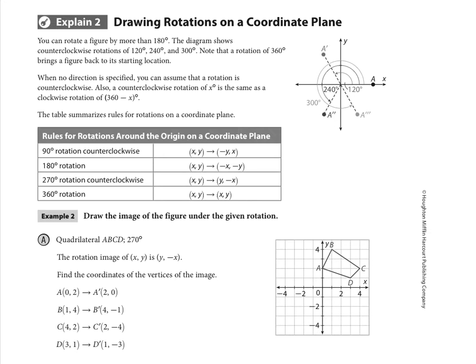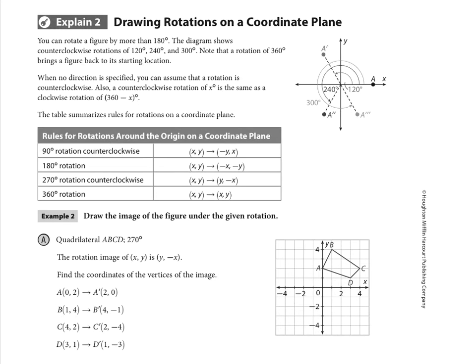Just as before with reflections and translations, there are some rules for rotating around the origin on a coordinate plane. A couple of things I want to highlight here. The only rules that exist on the coordinate plane are if you have multiples of 90 degrees as far as your rotation goes, because of course that's one whole quadrant at a time, okay?